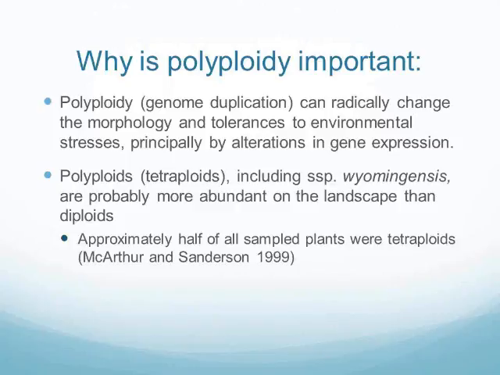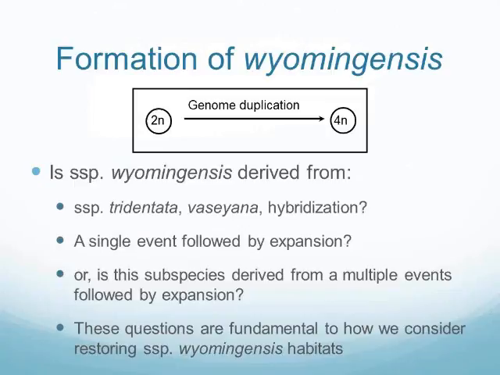This might be the case just because most of the lands that would support diploid plants are now under the plow, being used for agriculture. When Grant MacArthur surveyed thousands of plants, he found that over half of them in various locations were actually tetraploids.